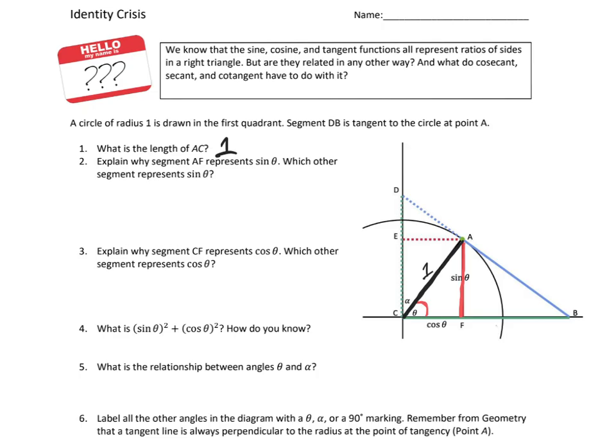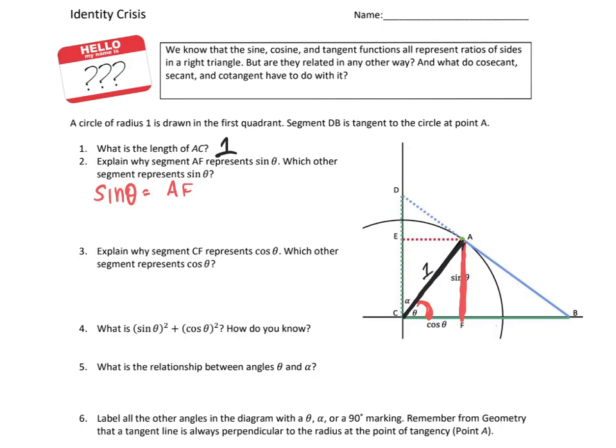So in this case, sine of theta equals this red segment, which is AF, divided by 1. So sine of theta equals AF divided by 1. And AF divided by 1, doesn't that just equal AF? And so segment AF equals sine of theta.